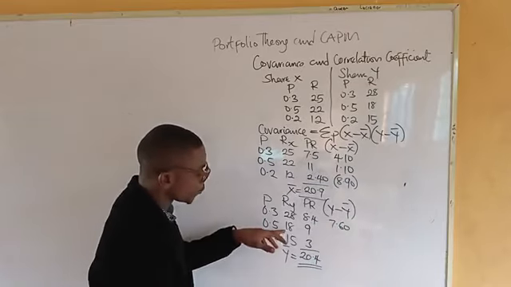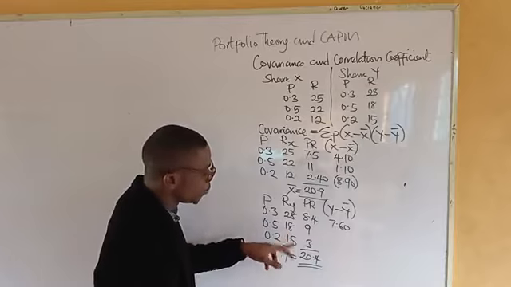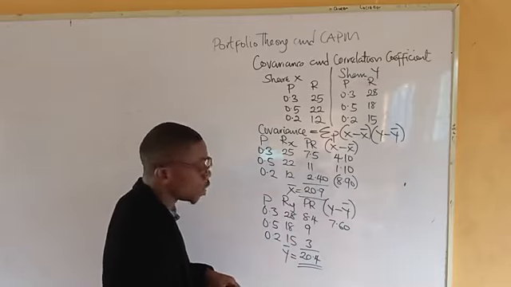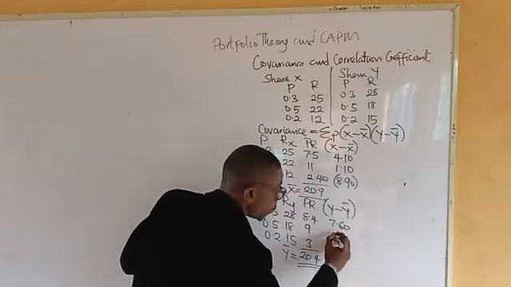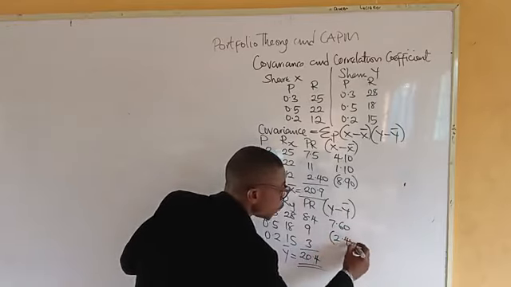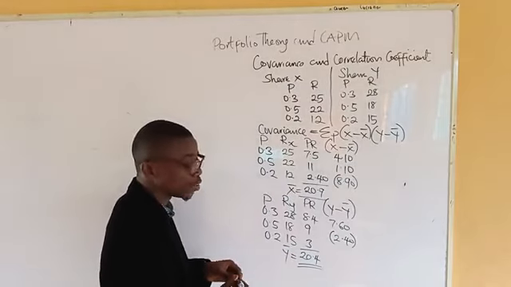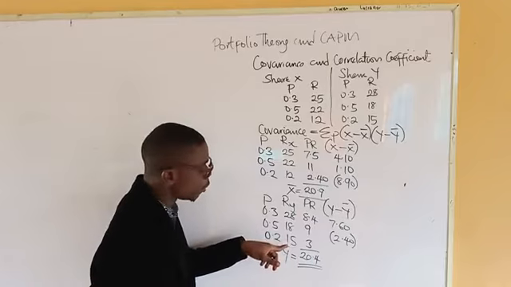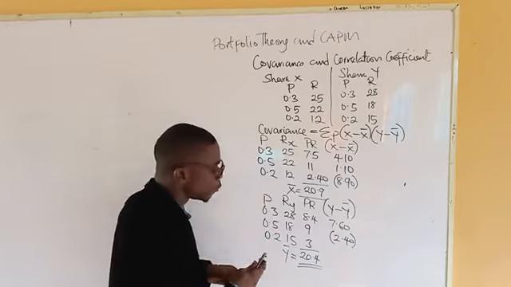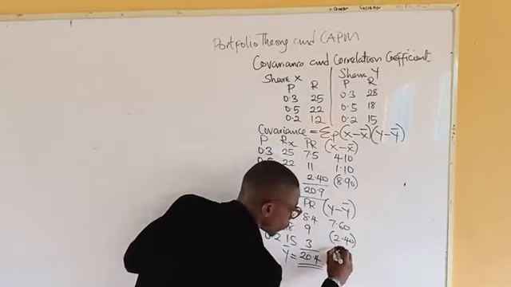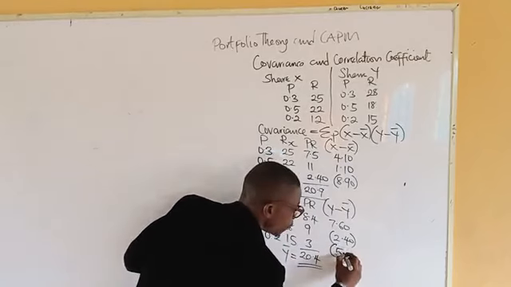And 18 minus 20.4 is minus 2.4. Then 15 minus 20.4 will give us minus 5.4.